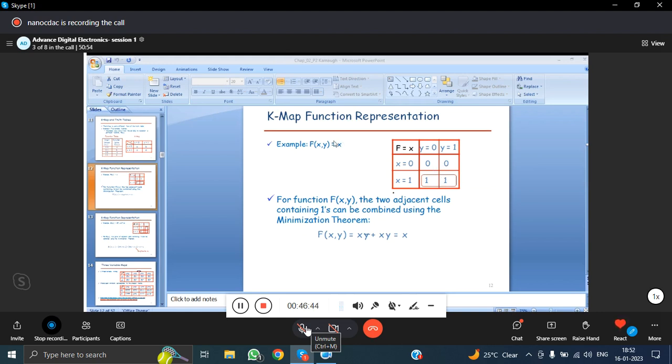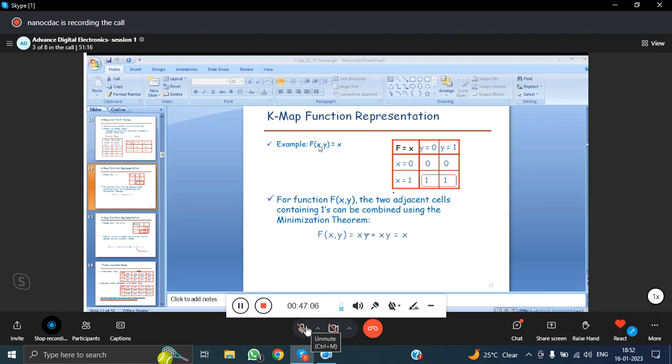If the function f of x y is equal to x, then these other cells are zeros. So x y bar plus x y, if you use the minimization theorem, will be equivalent to x.